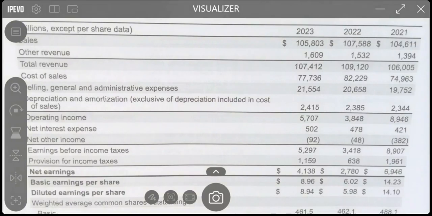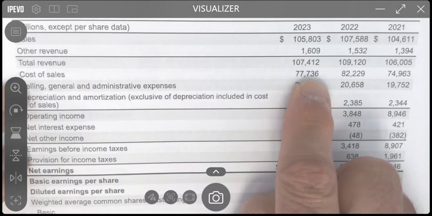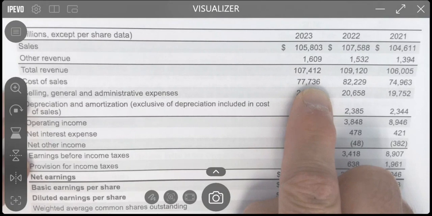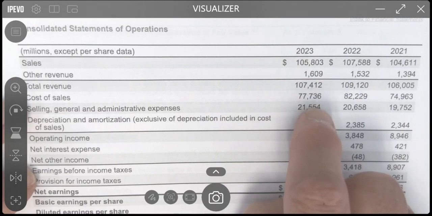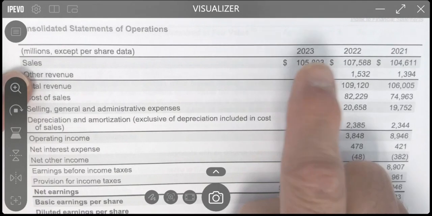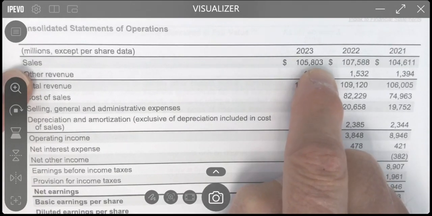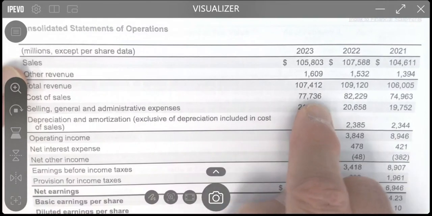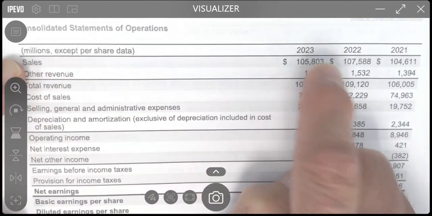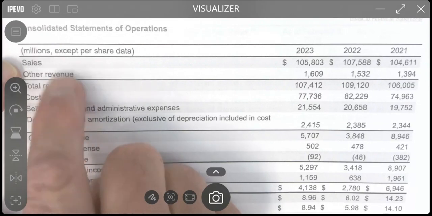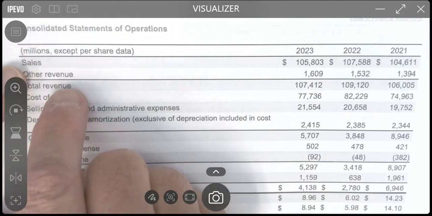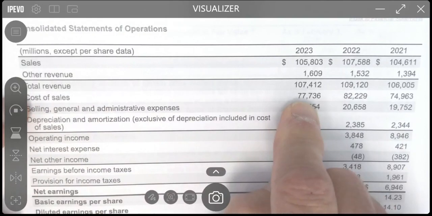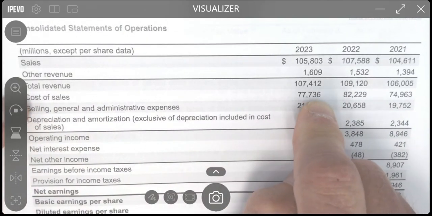Here is the cost of goods sold. So during the most recent year completed, which is fiscal 2023, the year ended early February 2024, the sales for the company were $105,803,000,000, and the cost for Target to acquire and ready for sale the units sold, like the mops and the books and the clothes and the food, the cost of that was $77,736,000,000.